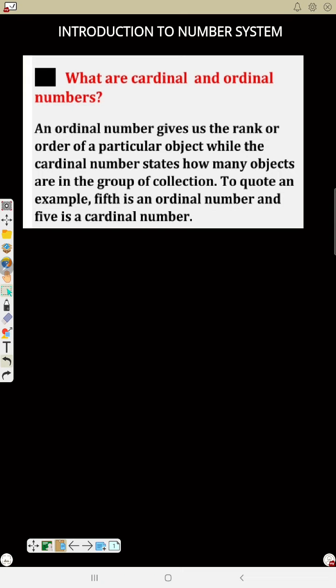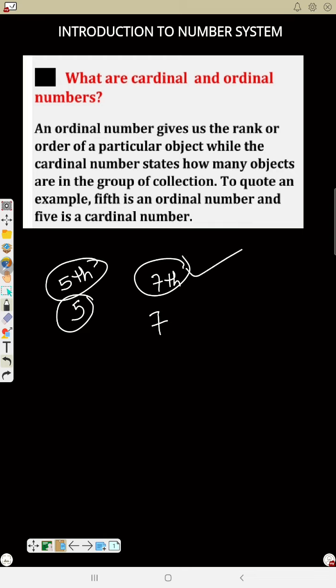So if you write fifth, this is an ordinal number. 5 is a cardinal number. So ordinal number gives us the rank, like fifth position, while the cardinal number states how many objects, like 5 books. Seventh is an ordinal number, while 7 is a cardinal number. So seventh is telling us the position of an object, while 7 is telling us how many objects. So that is cardinal and ordinal.